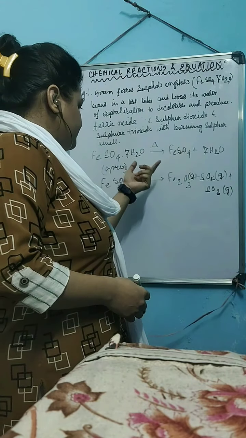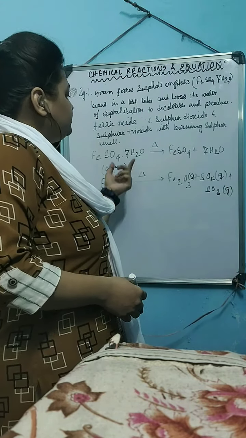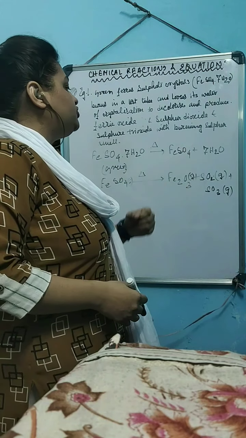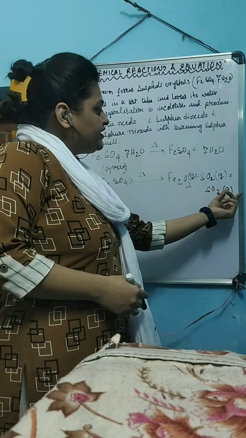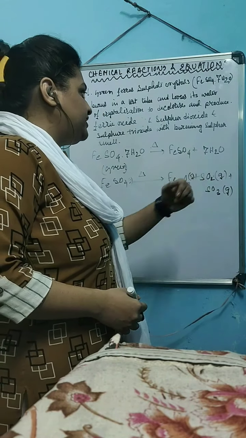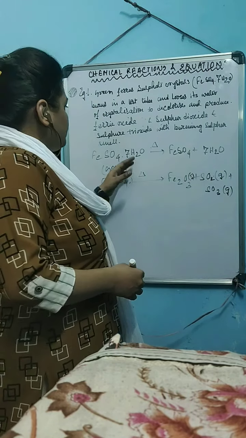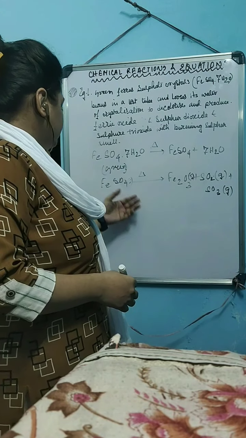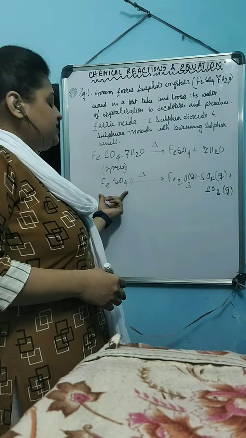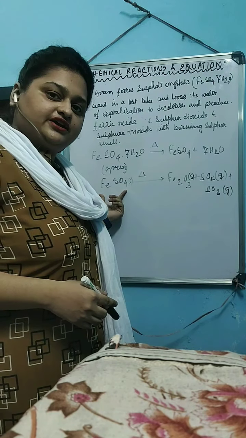Upon further heating, FeSO4 decomposes to give Fe2O3 solid, SO2 gas and SO3 gas, and a burning sulfur smell can be found. If you observe this example, there is one initial substance that we have taken.